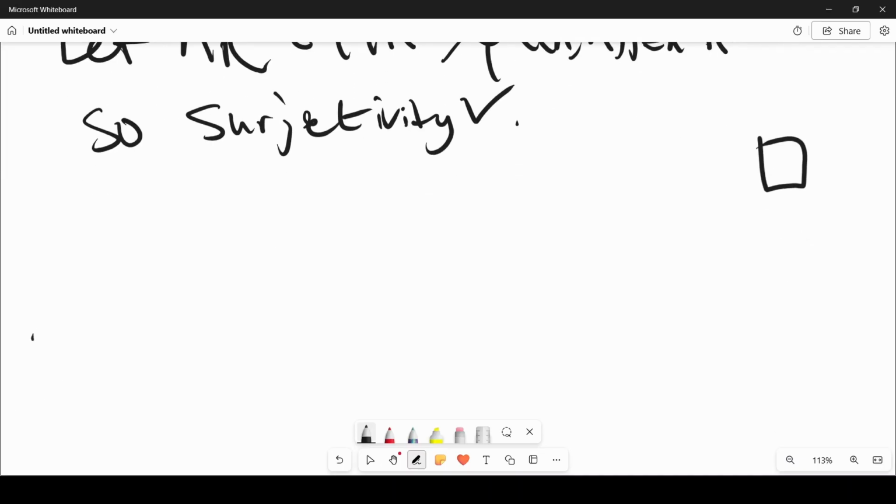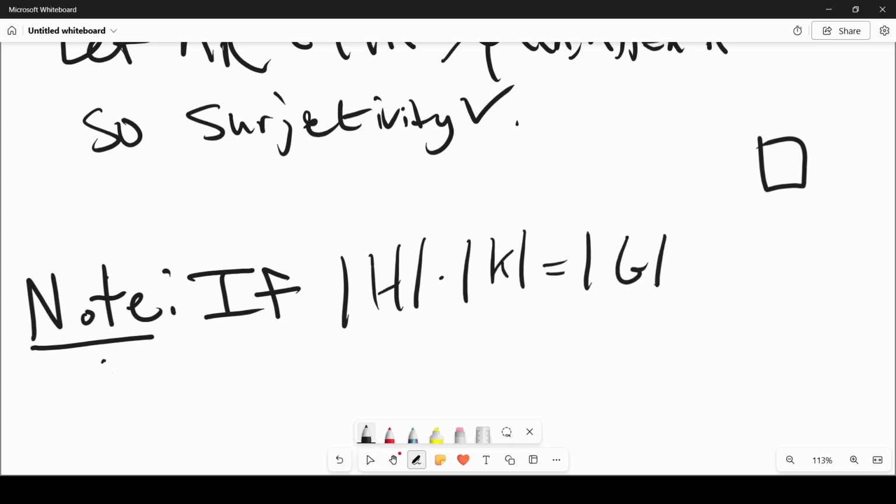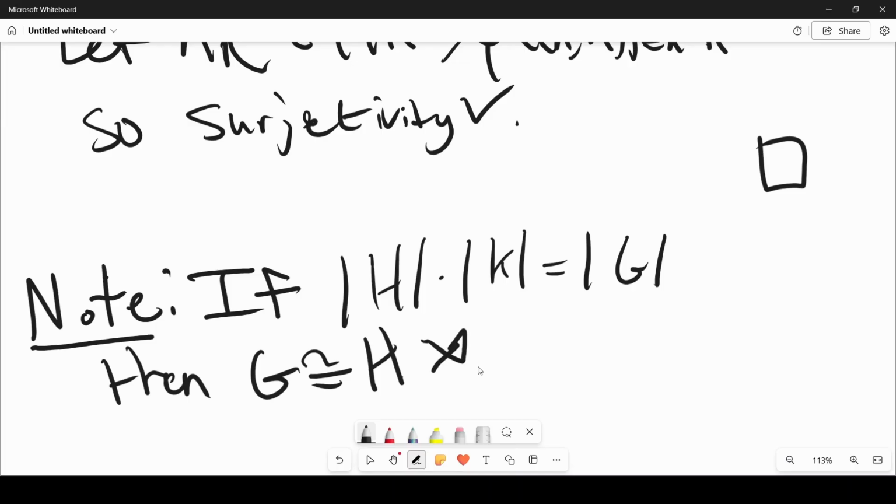And finally, I should note, as we did with the direct products, that if the sizes of my two subgroups now multiply together to be the size of the whole group, then G is isomorphic to H semi-direct product with K.